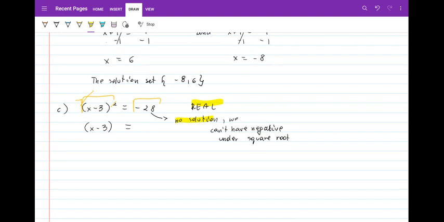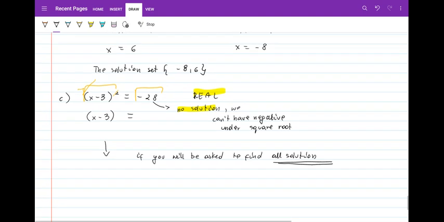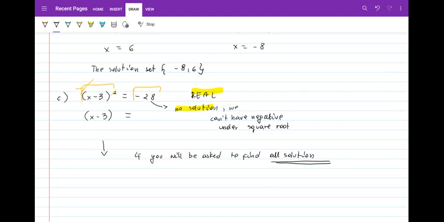I just want to continue here. If you will be asked to find all solutions, that's a big difference, all solutions. So here we also talk about imaginary numbers, the complex number system. So then you will continue.